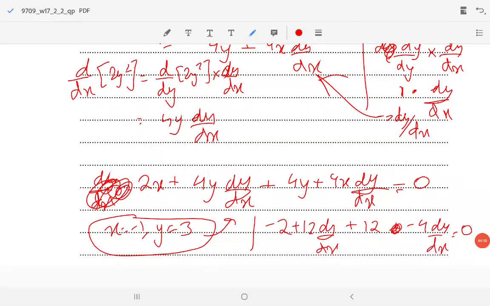So the gradient, dy by dx, comes out to be minus 5 by 4.